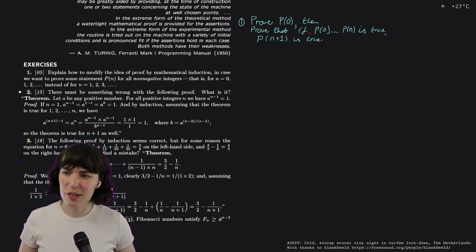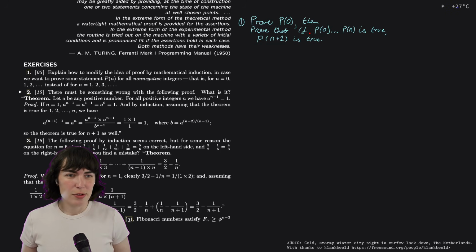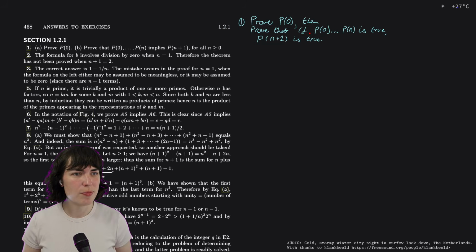Let's see, actually. That's probably a slightly more formalized way than I put it last time. Let's find out. For all n greater than 0, greater than or equal to 0.